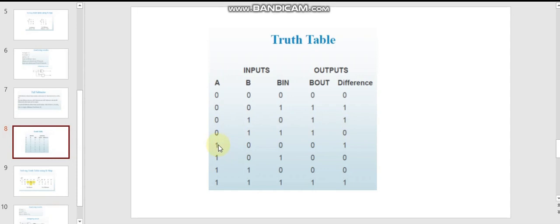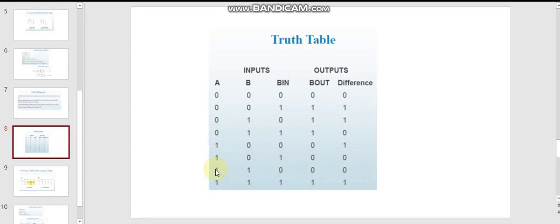Next, when A is equal to 1, B is equal to 0 and B in is equal to 0, 1 minus 0 is equal to 1, the borrow would be 0 and the difference would be 1. Next case, when input A is equal to 1, B is equal to 0 and B in is equal to 1, 1 minus 0 is equal to 1 and 1 minus 1 is equal to 0. So here the borrow and difference both will be 0.